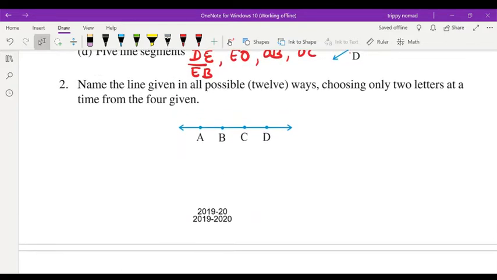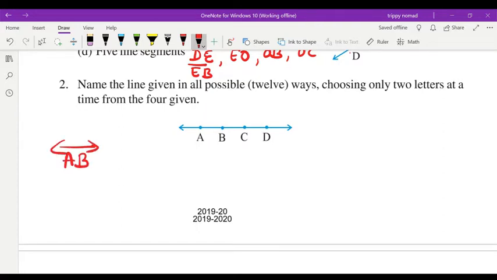Now question number 2. Name the line given in all possible 12 ways, choosing only two letters at a time from the four given. Here, first one, line AB, this is the way.